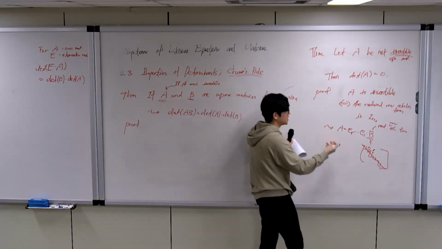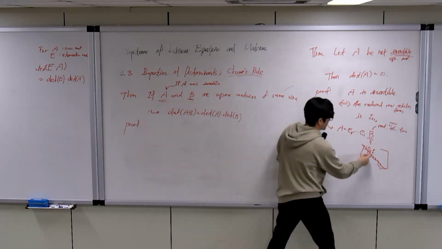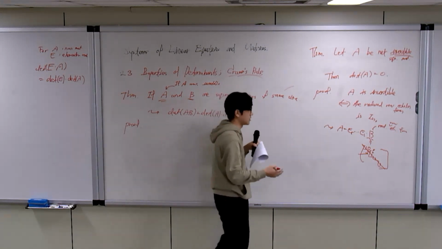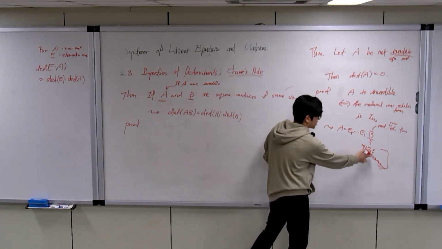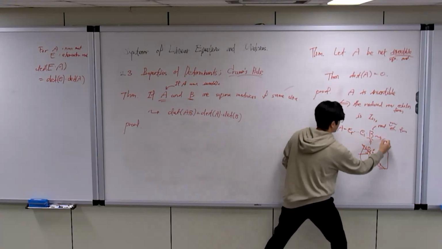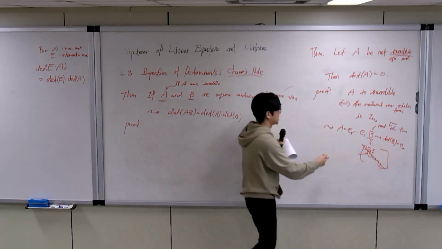However, it is not the identity, so it has an entry which is 0, so the determinant of B is 0.